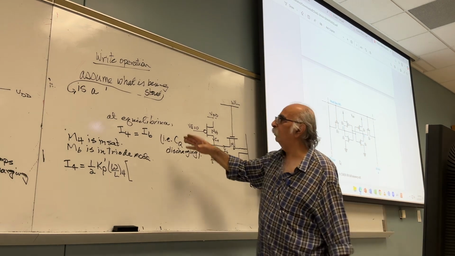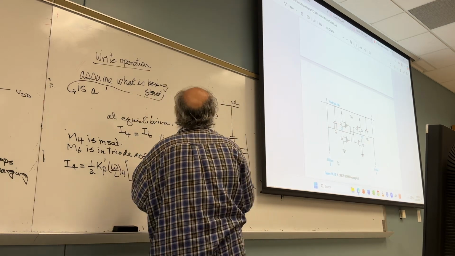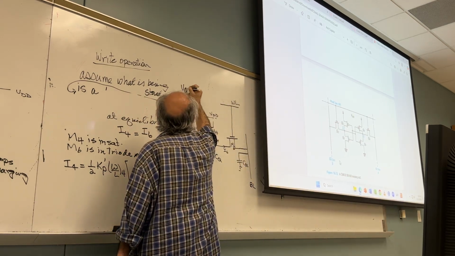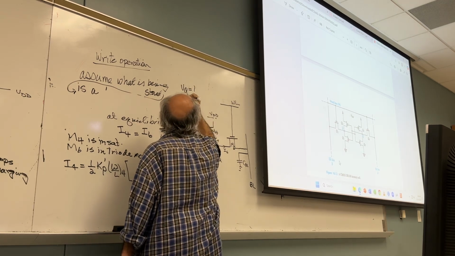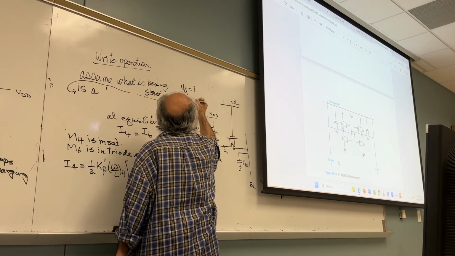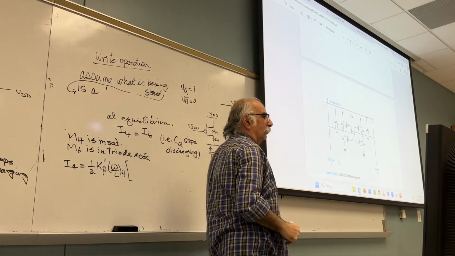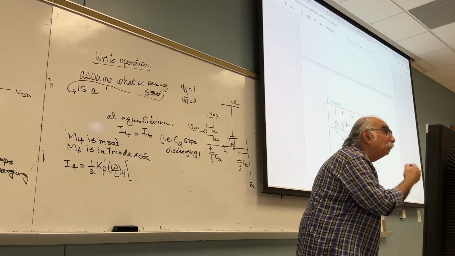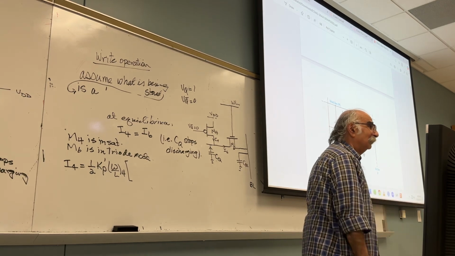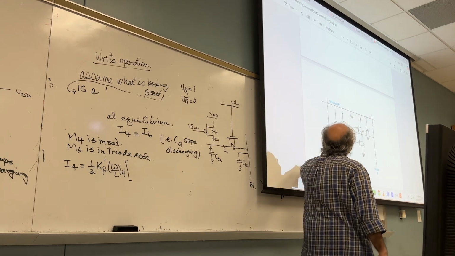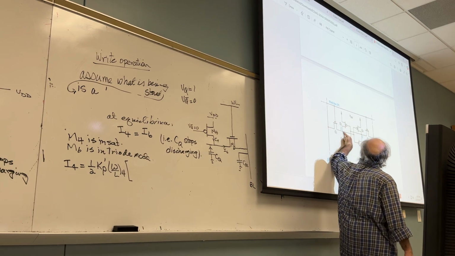What is it initially? What did we assume? Storing 1. Initially, what is VQ? VDD. 1, which means what is VQ bar? 0. And after the switch? No, this is before switching. The switching is done at equilibrium. Did you get it? So what is the voltage here? 0.